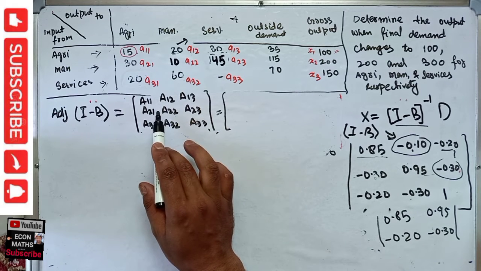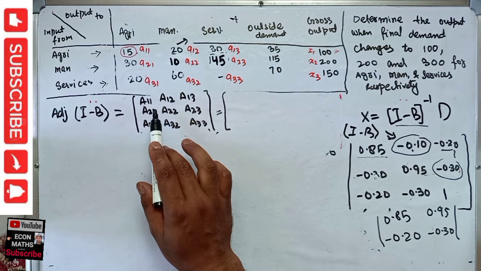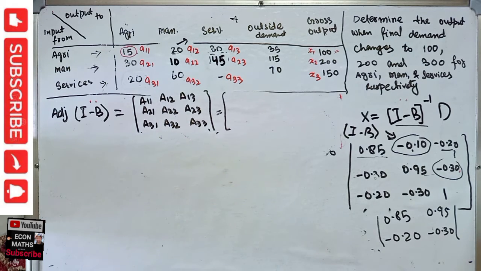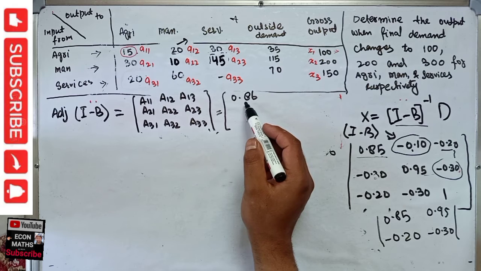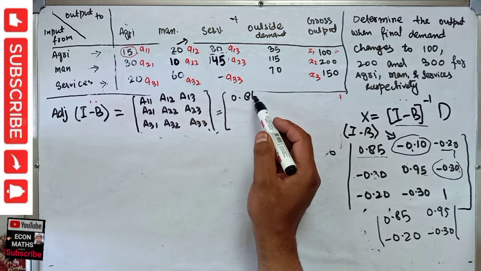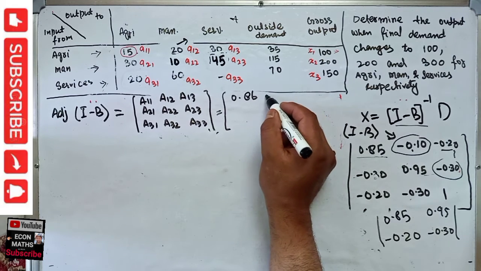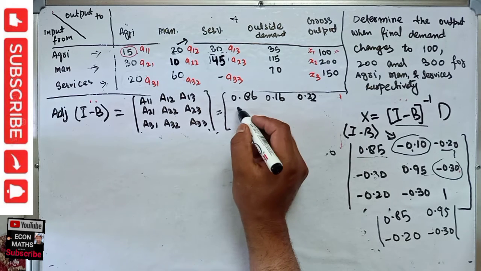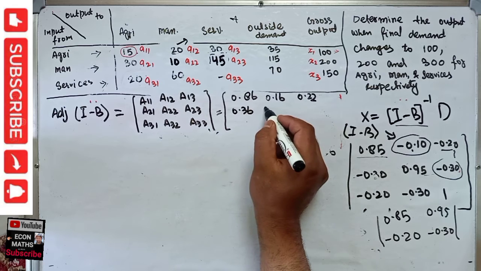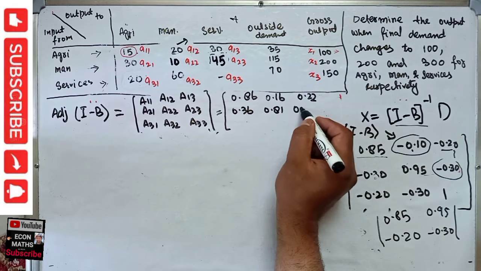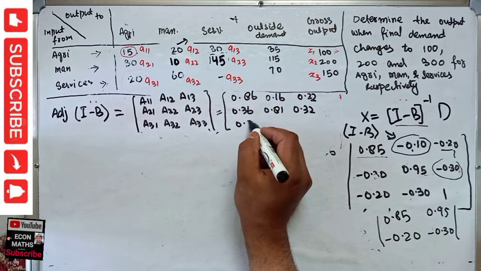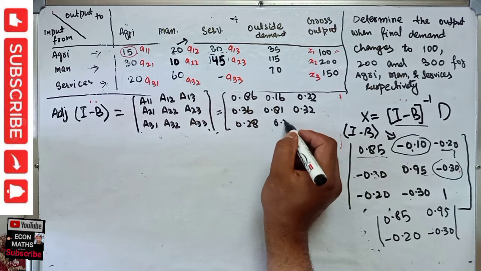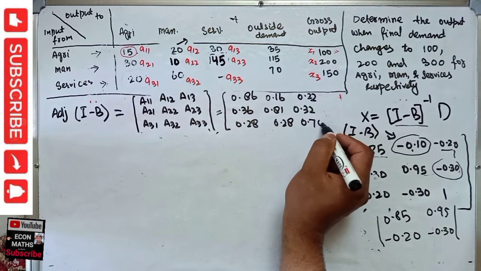The numbers are then, we got the adjoint is equal to 0.86, 0.16, 0.22, 0.36, 0.81, 0.32, 0.28, 0.28 and 0.78.